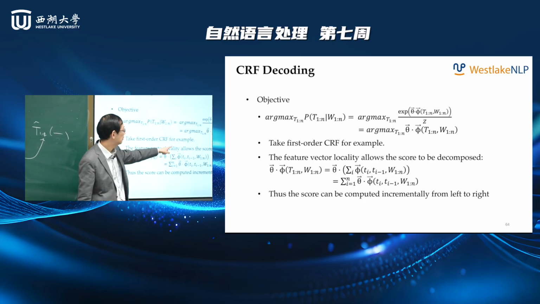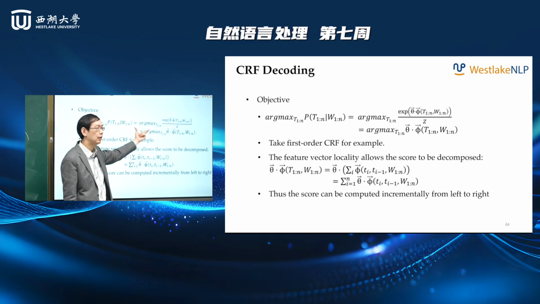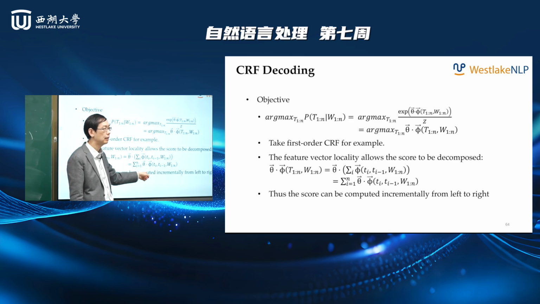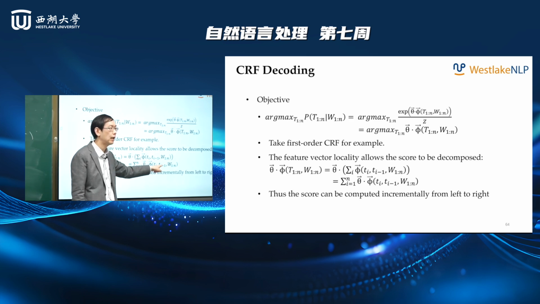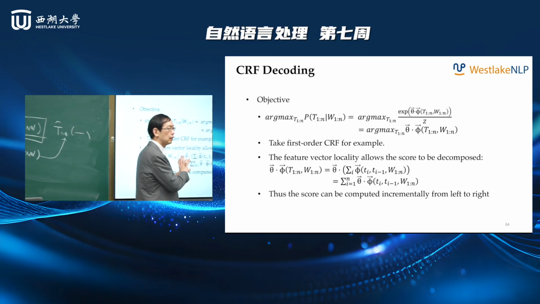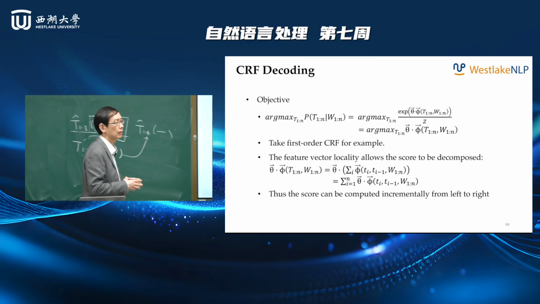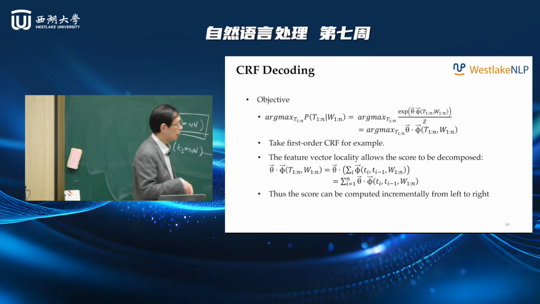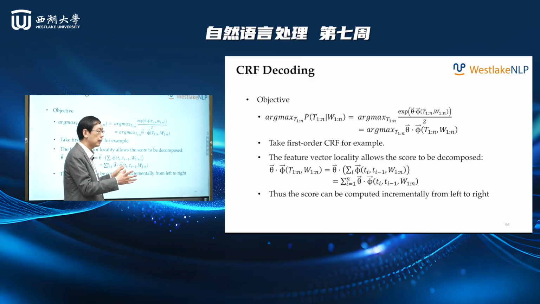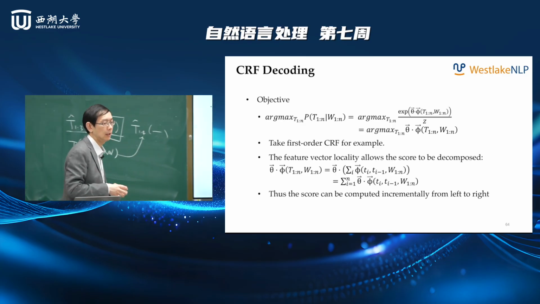Because the global representation of the sequence is the sum of the representation of every tag, theta dot sum phi is equal to sum theta dot phi, by distributivity. And your model scoring can be incremental. Okay? All right. So if I want to find the highest scored theta dot big phi, I can look at the highest scored theta dot small phi accumulated together, right?